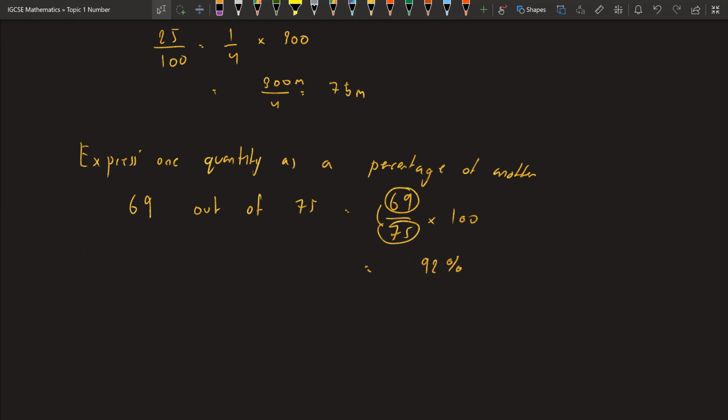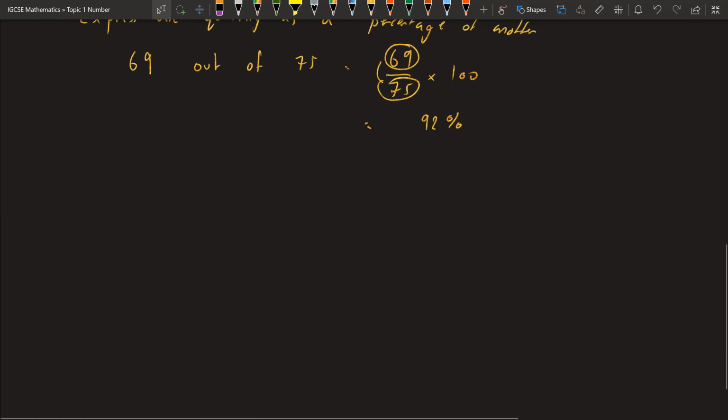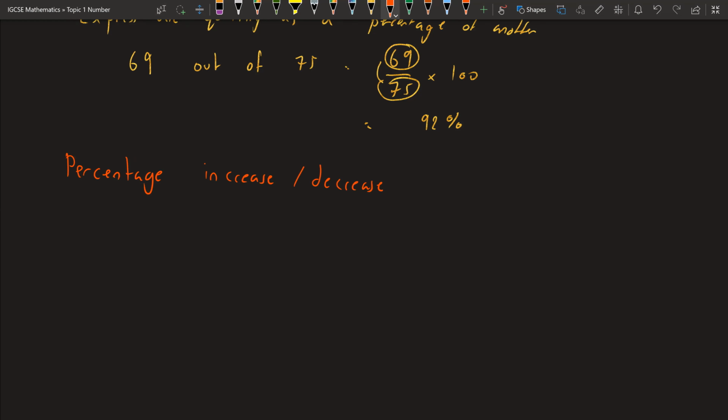Now we can talk about percentage increase and decrease. So a percentage increase is essentially an increase to some initial amount by some percentage, let's say 8%, 9%.